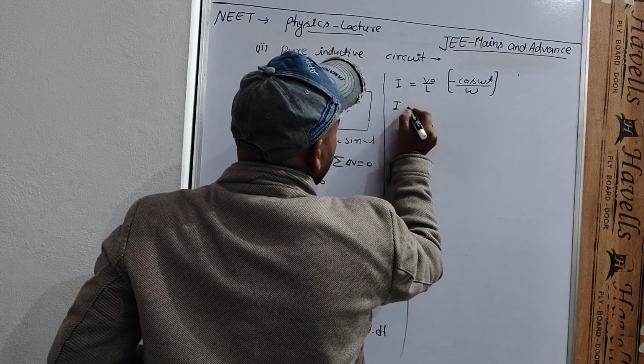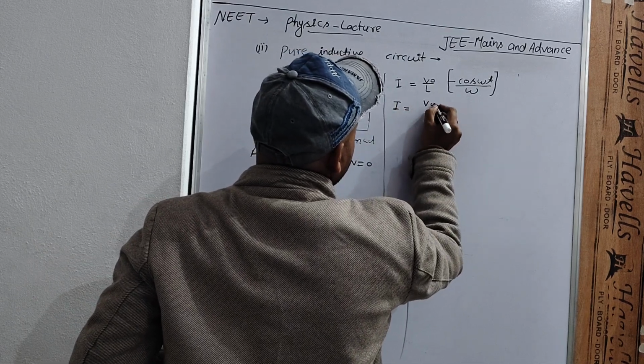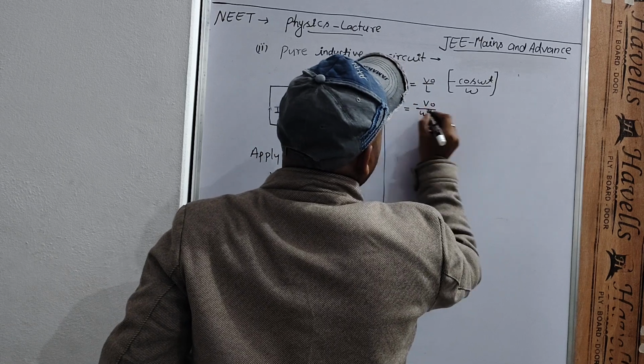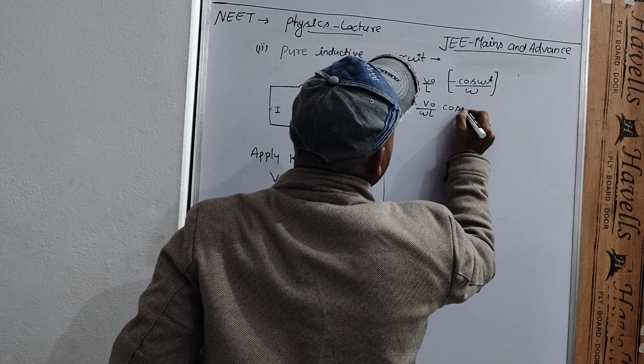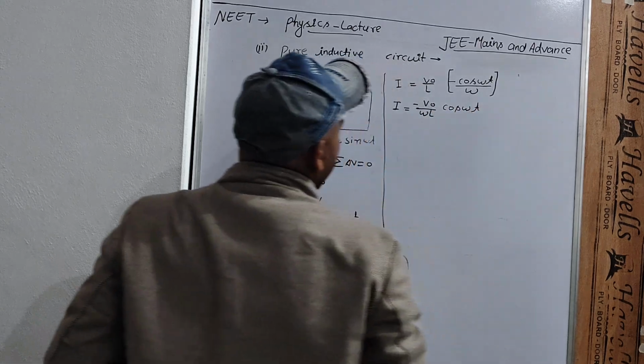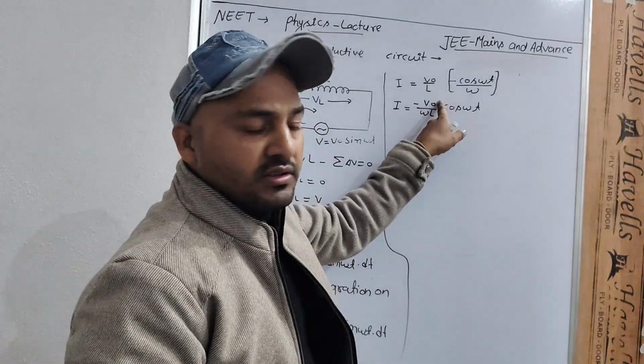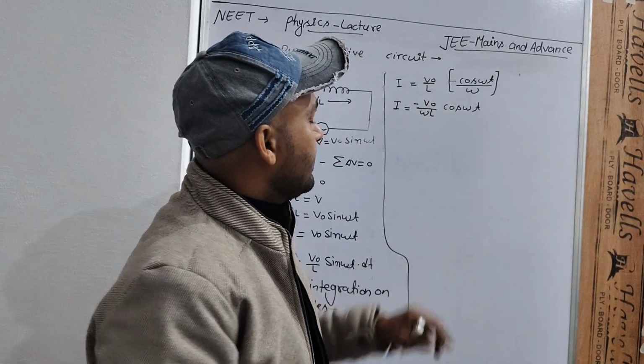Now the equation of I is defined as V naught over omega L times minus cos omega t. As we know, this is the peak value of voltage and this is omega L.